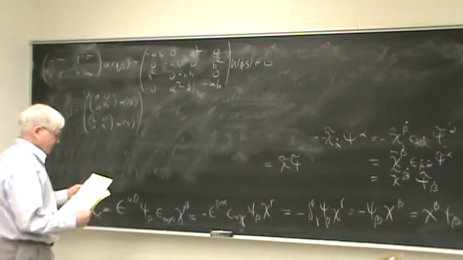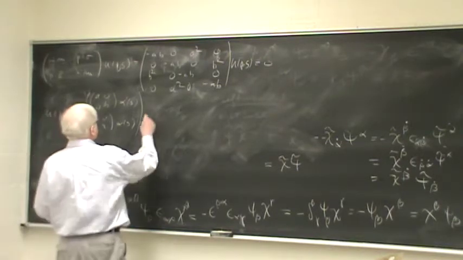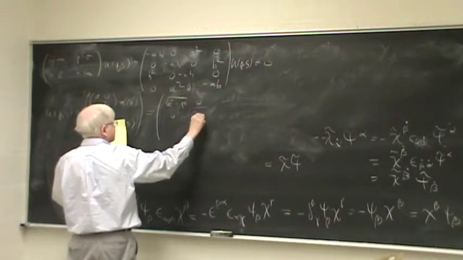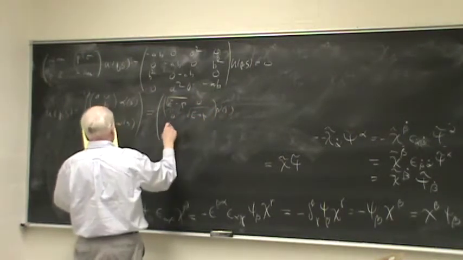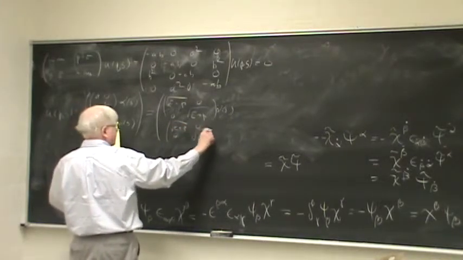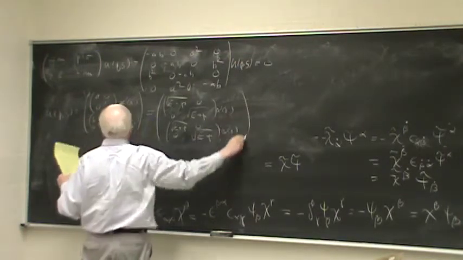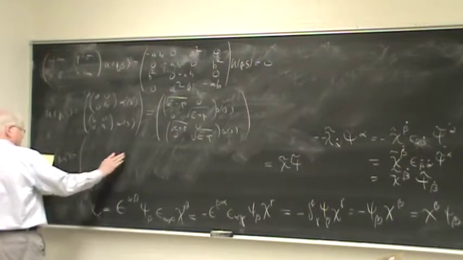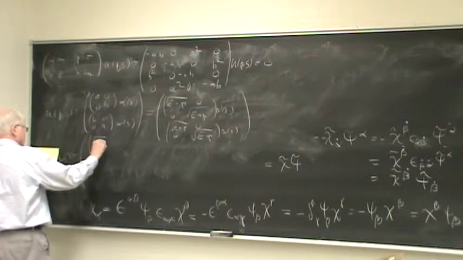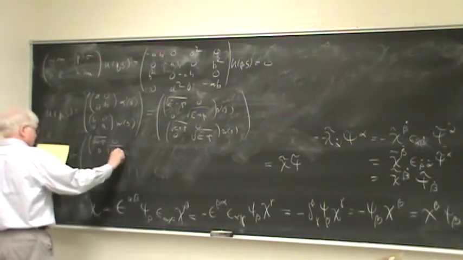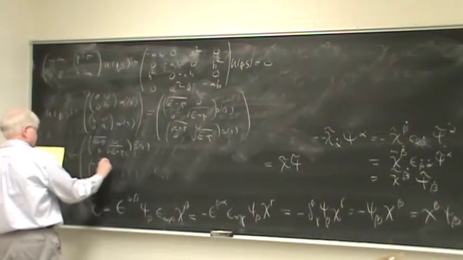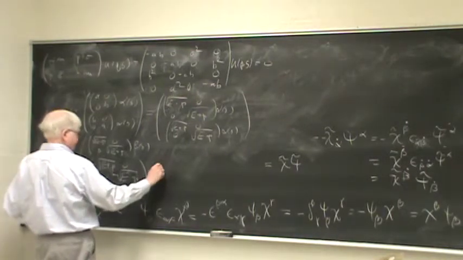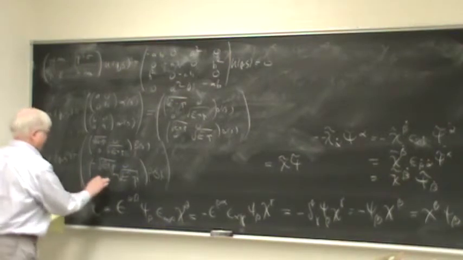And so this turns out to be square root of E minus P, 0, 0, square root of E plus P, alpha S, and then square root of E plus P, square root of E minus P. And the v's, v of p and s turns out to be something somewhat similar, namely square root of E minus P, 0, 0, square root of E plus P, beta of S, minus square root of E plus P, 0, 0, minus square root of E minus P, beta of S. And the both are minus signs, okay.